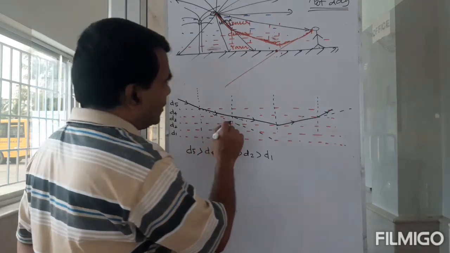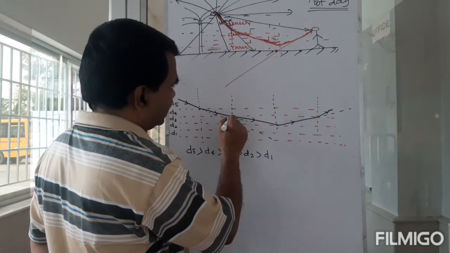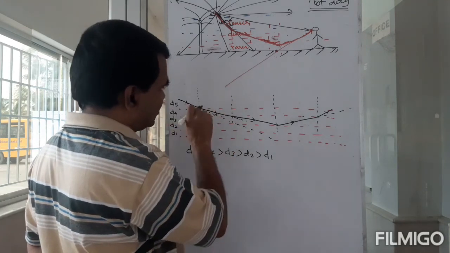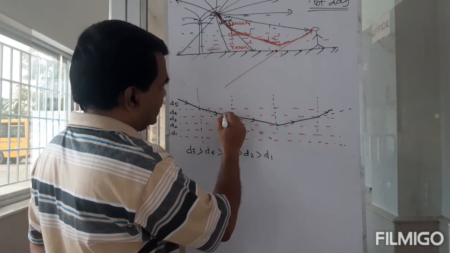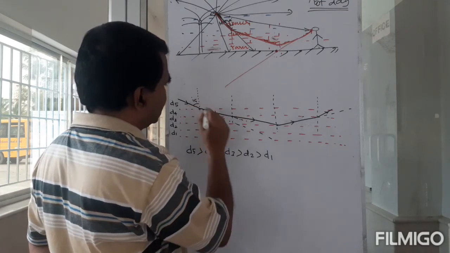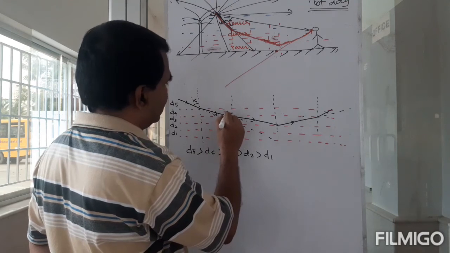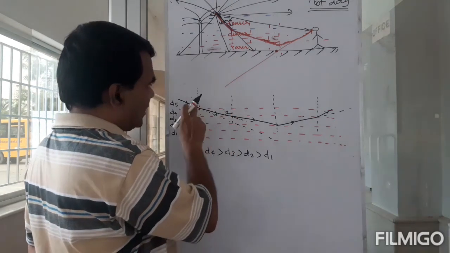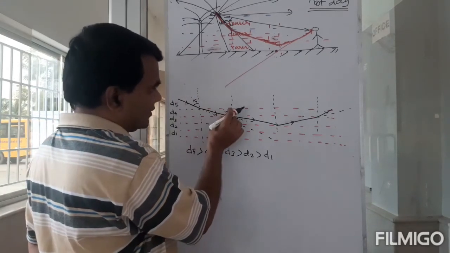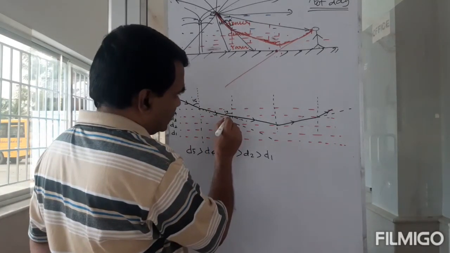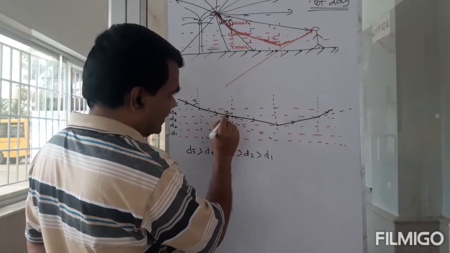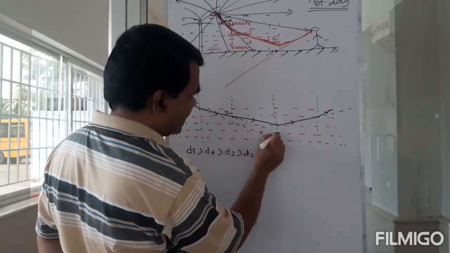Now it comes and hits here. After this deviation, you see this angle is I5, let's say. This will be I4. But I4 is now greater than I5, so this angle is increasing. Now, if D3 was not there, this would have continued along this direction.